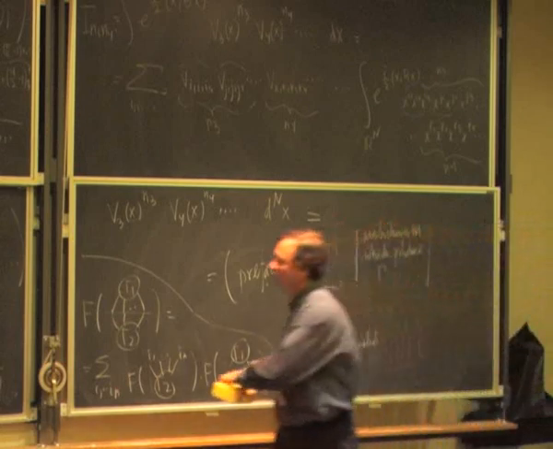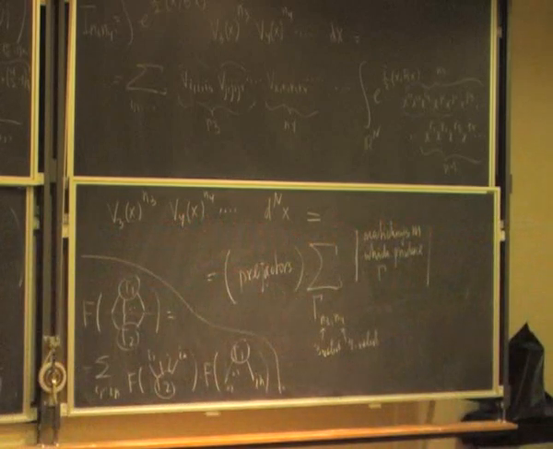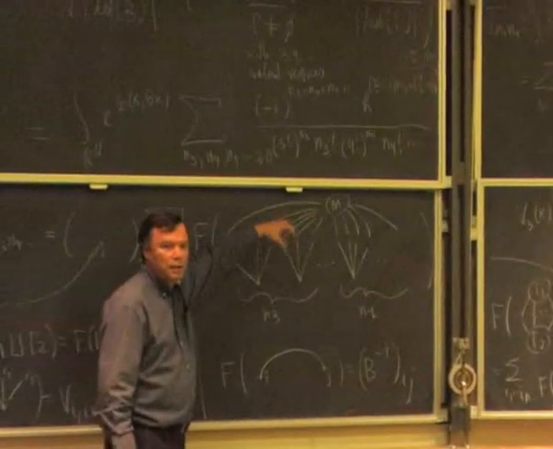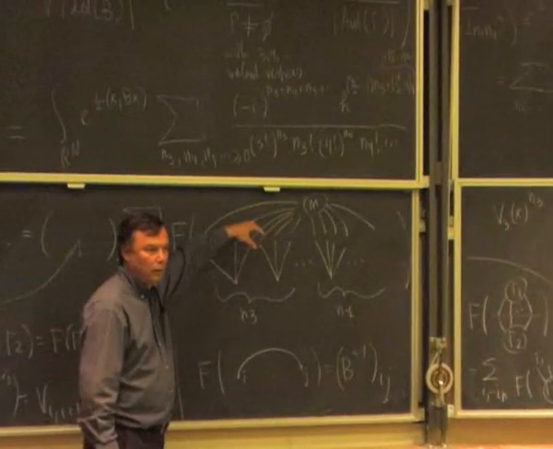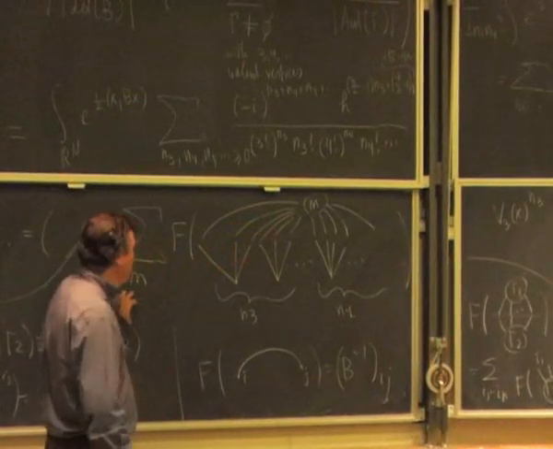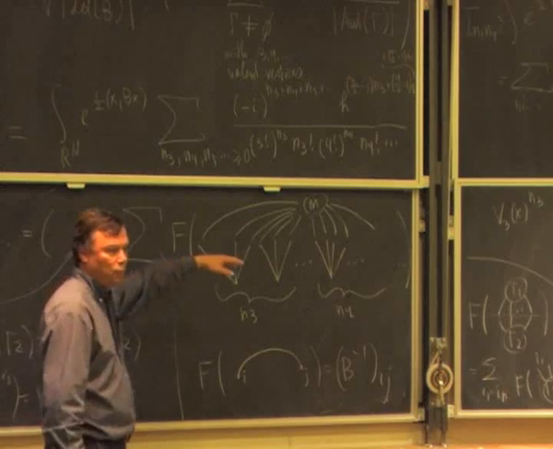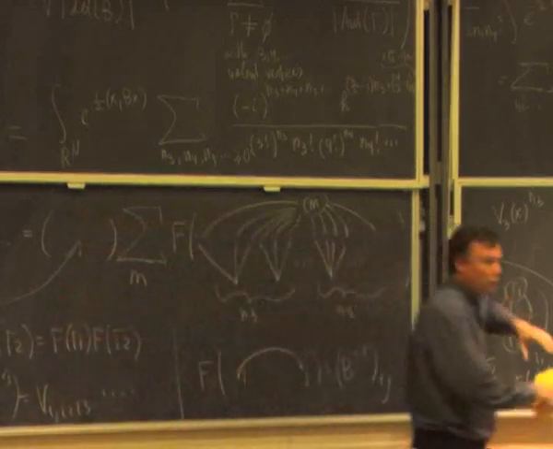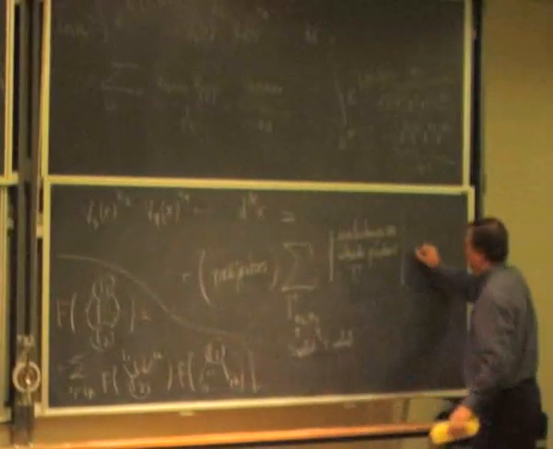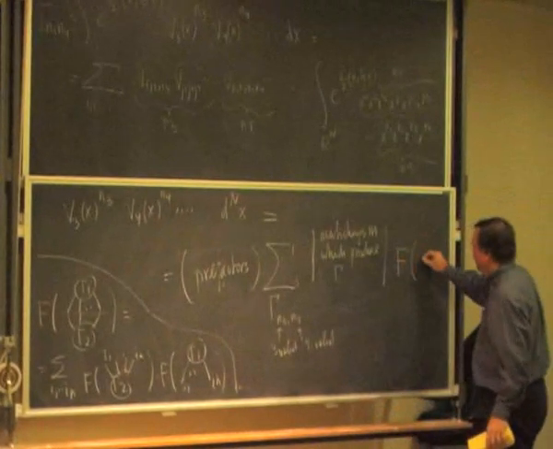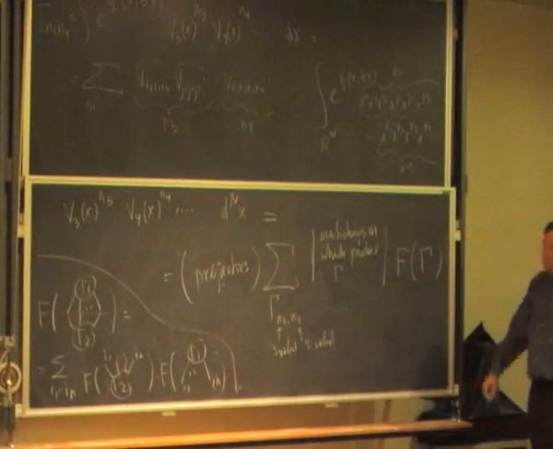Because we can have two different matchings producing the same graph. So if we want to convert the sum over matchings into the sum over graphs, we have to take into account these multiplicities. And then the weight of gamma.